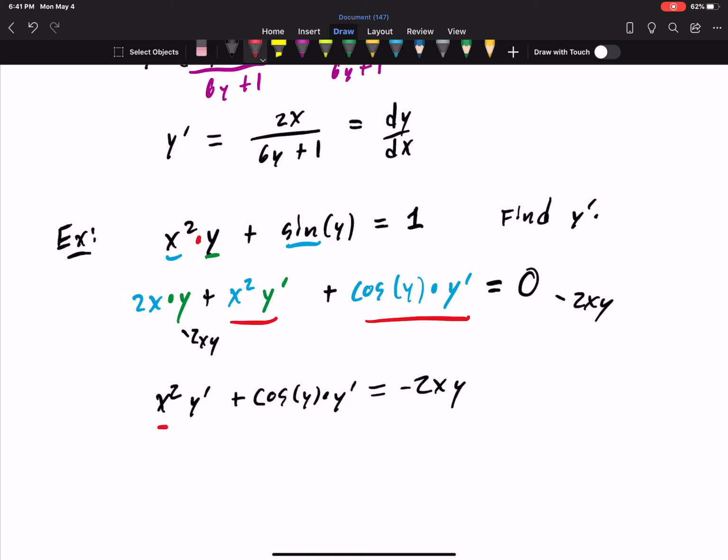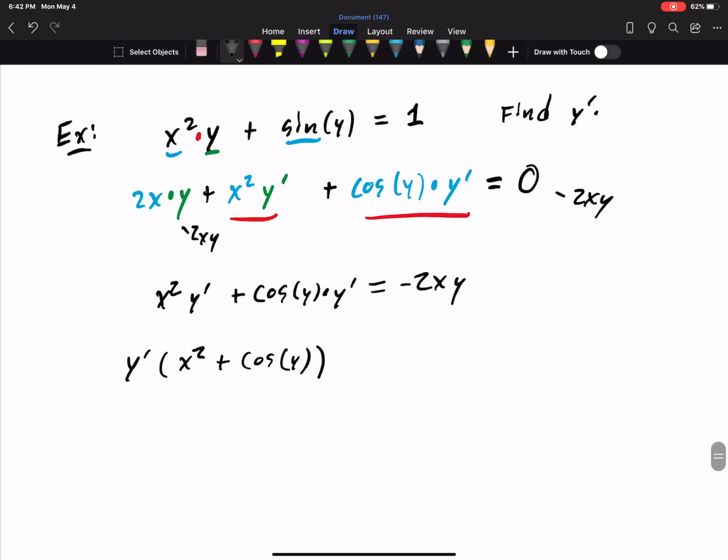Now notice we have a y prime in both of these terms, so I'm going to factor out a y prime. This gives me y prime times x squared plus cosine of y, and this is going to be equal to minus 2xy.